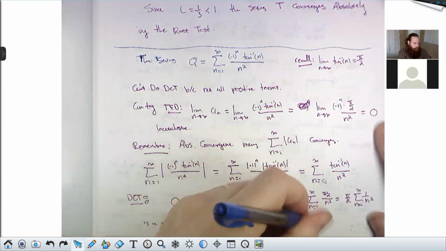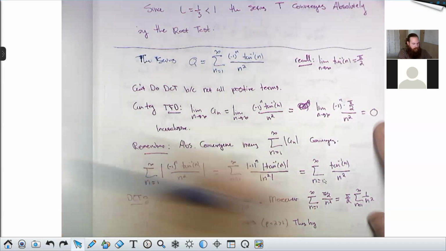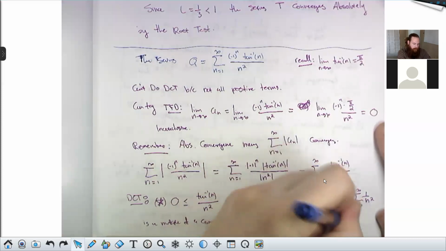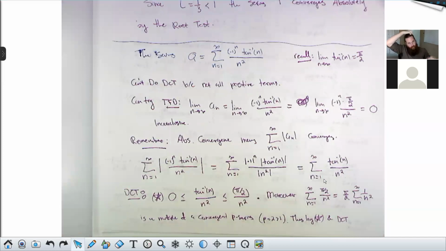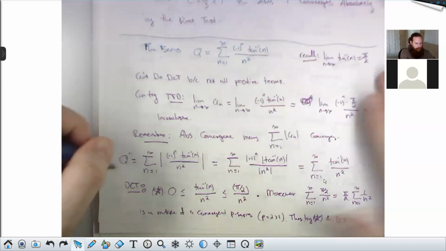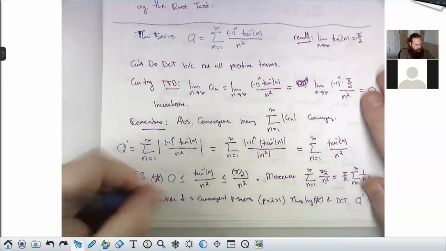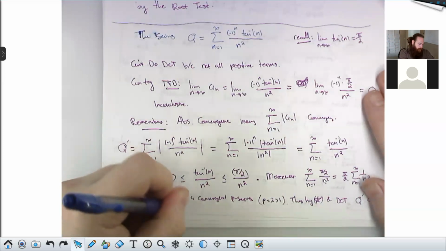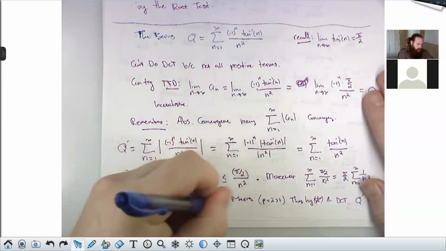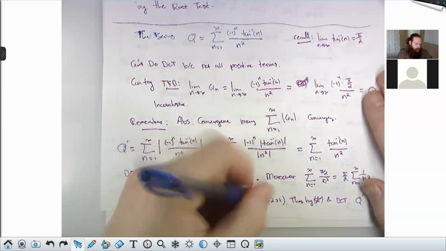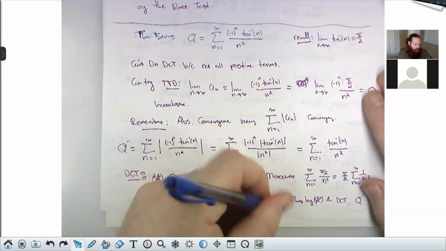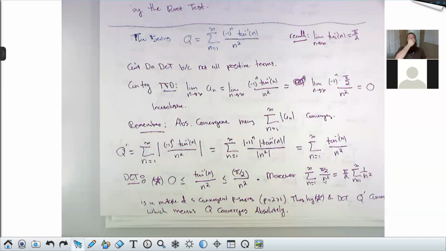Thus, by my inequality, I'll call it star, and DCT, what is true? This series converges. I'll call it Q prime. Q prime converges, which means Q converges absolutely. Cool, right?